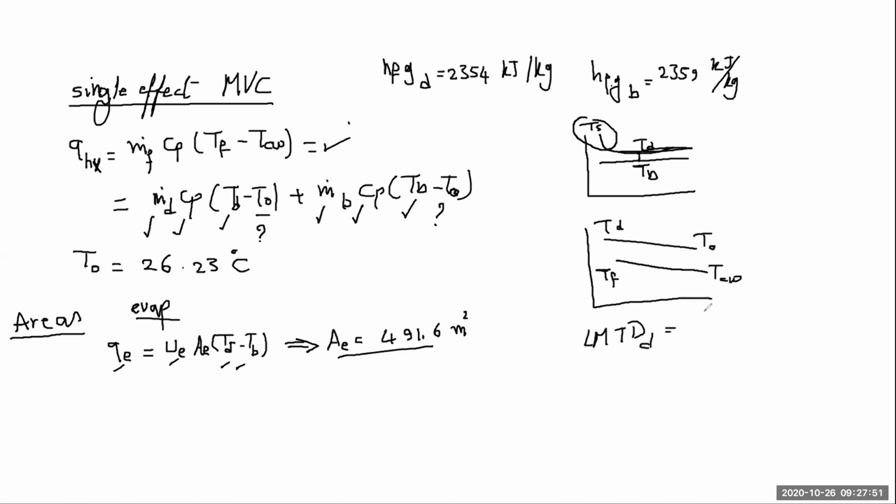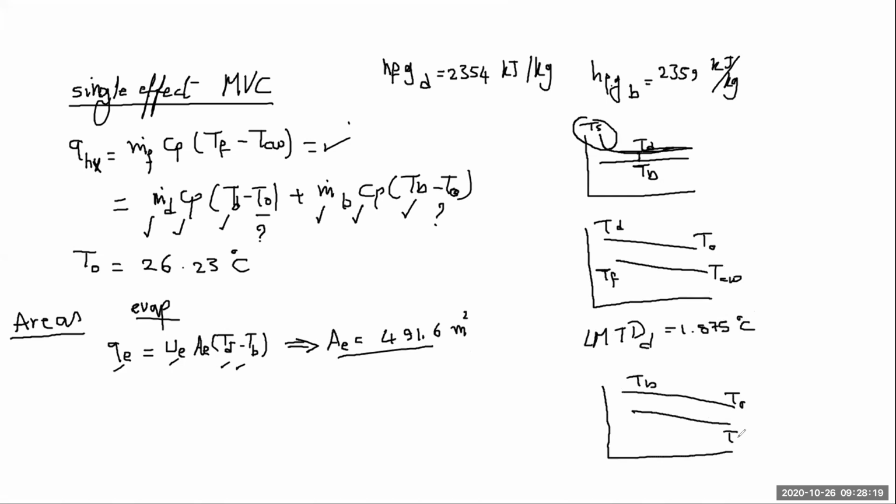I will not write the expressions because this difference is delta T1, this is delta T2, so delta T1 minus delta T2 over the natural logarithm of the ratio. This will give us this value as 1.875 degrees centigrade.